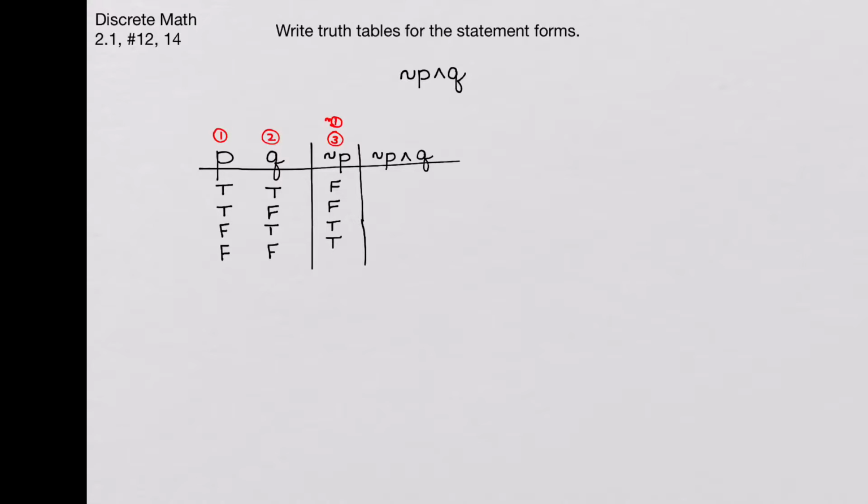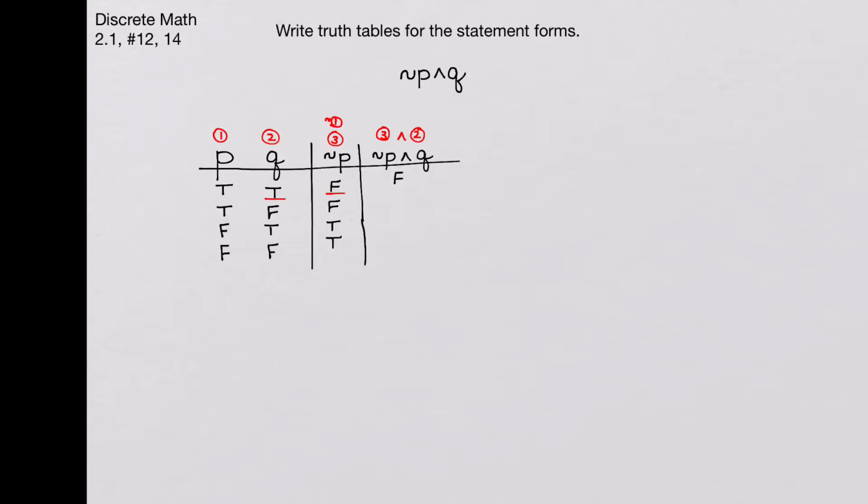So now what I'm doing is I'm taking column 3 and I'm anding it together, kind of using and as a verb now, anding it together with column 2. So when I combine the variable in column 2 with column 3, using the and, the conjunction, whenever we have true and false, or in this case it really is false and true, but it's commutative, it doesn't matter. So either way is false.